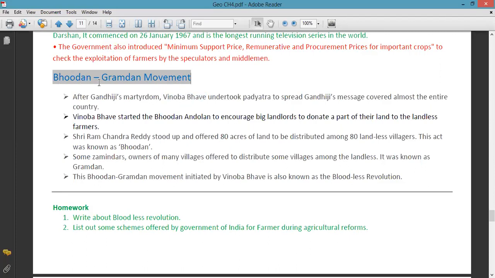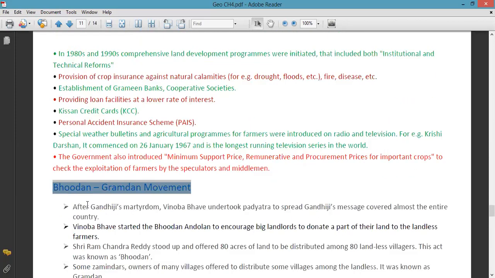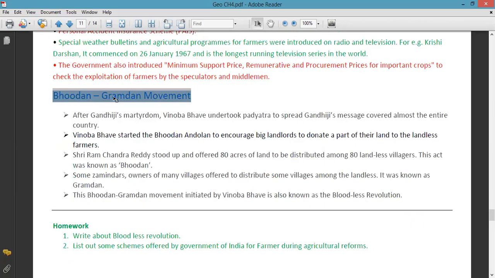But this Bhoodan Gramdan movement is all about agriculture, specifically land division or land reform. Who carried it out? Mainly Vinoba Bhave.